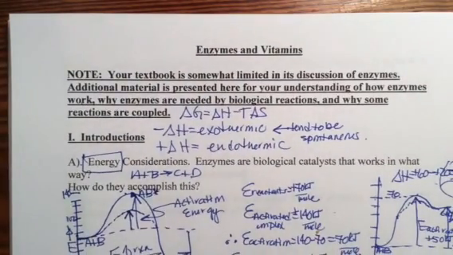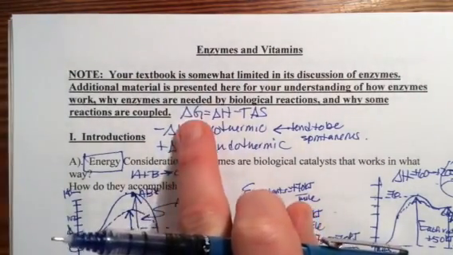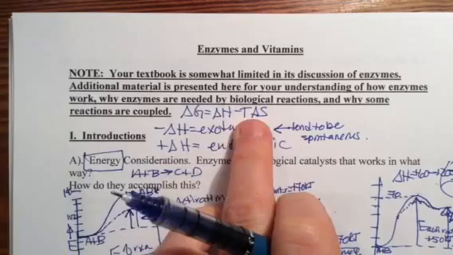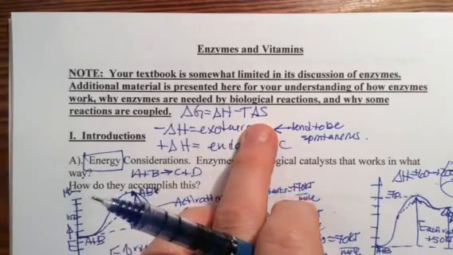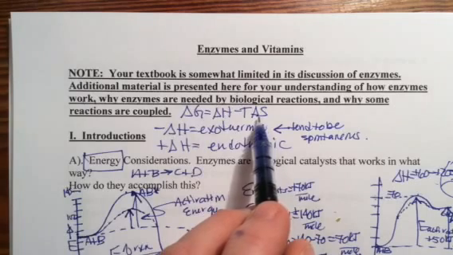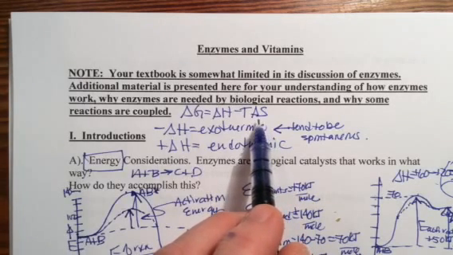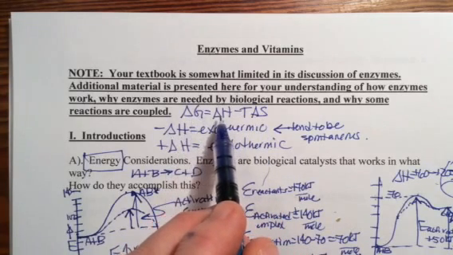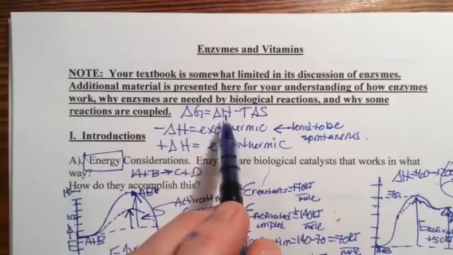In the last segment, we talked about the fact that even though we have a relationship called Gibbs free energy of delta G equals delta H minus T delta S, we are going to ignore this part right here because temperature and entropy will be such a small component that basically when we talk about reactions going forward, we're going to use delta G and delta H interchangeably.